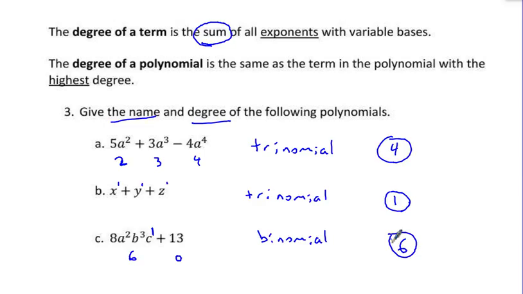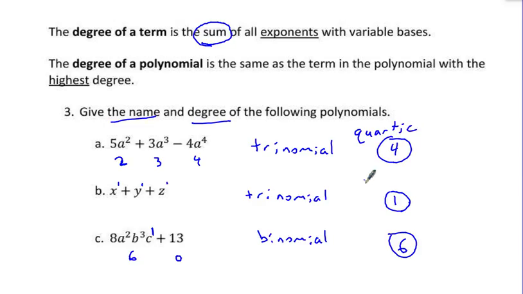Now there are also names for polynomials with the different degrees, and you don't need to know all of them, but I'll go over a few. If it's raised to the 4th power, we can call this a quartic.